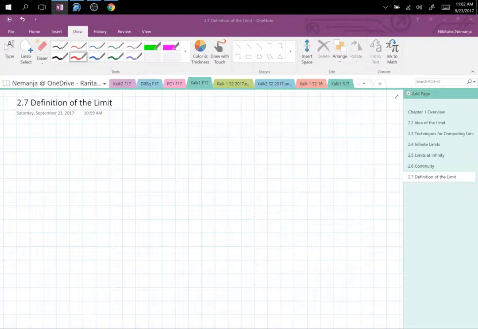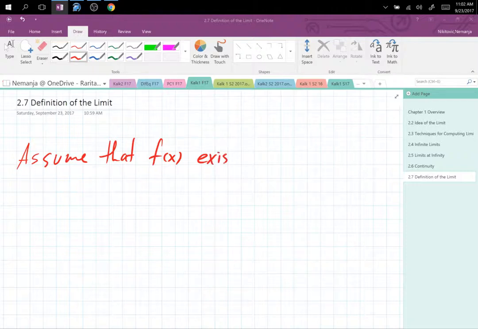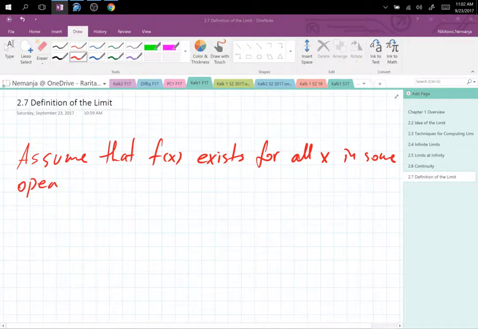Assume that f of x exists for all x in some open interval containing a, except possibly at a.